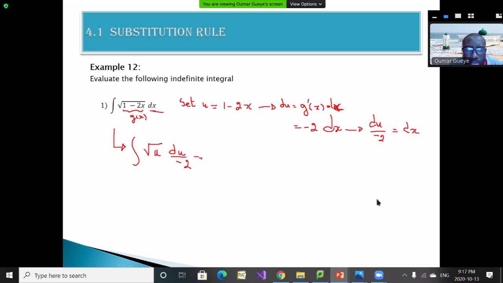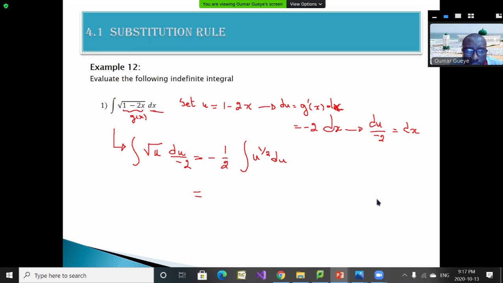I can take the negative 2 out of the integral because it's a constant, so it's minus 1 over 2 times the integral of root of u. You can write it as u to the power half, and du.